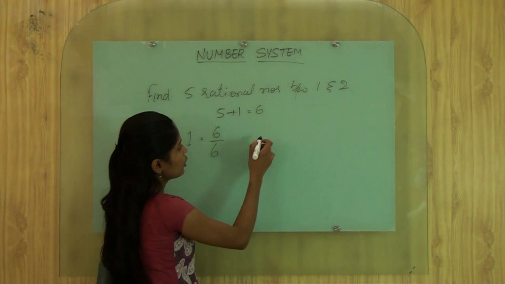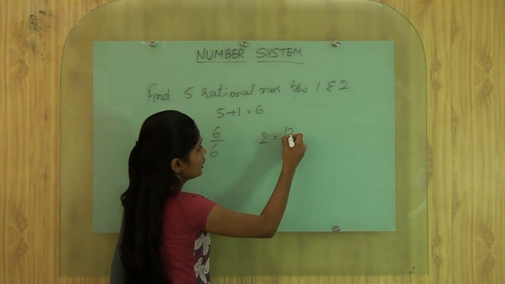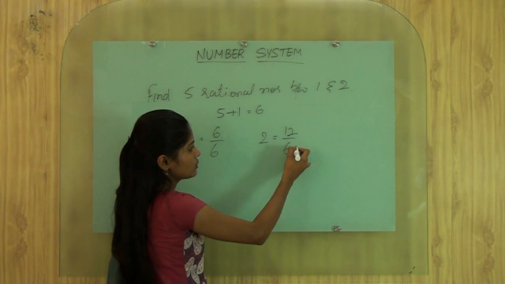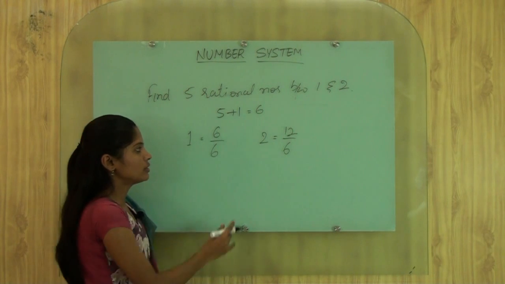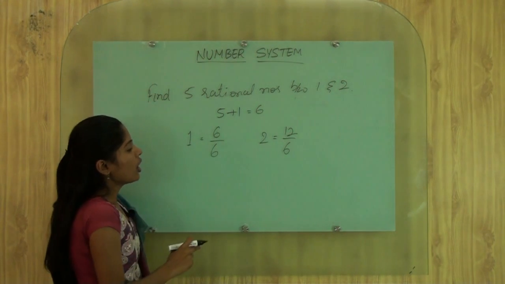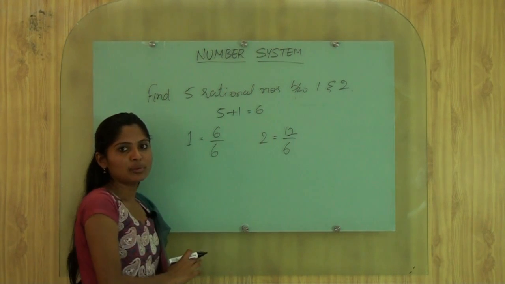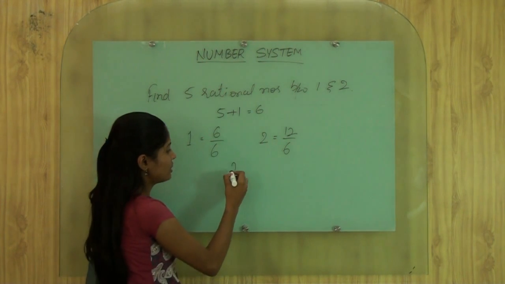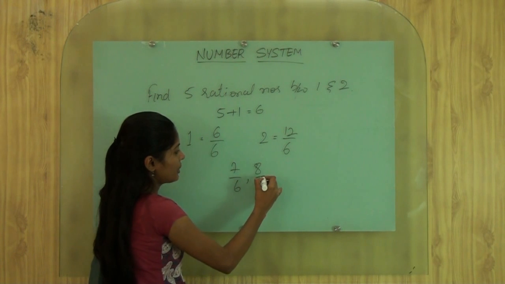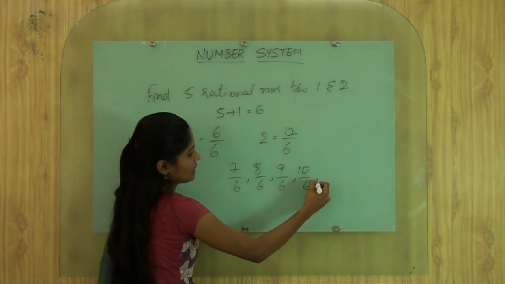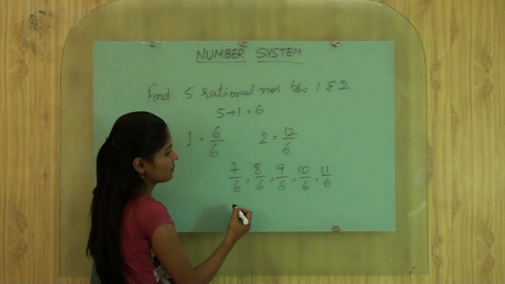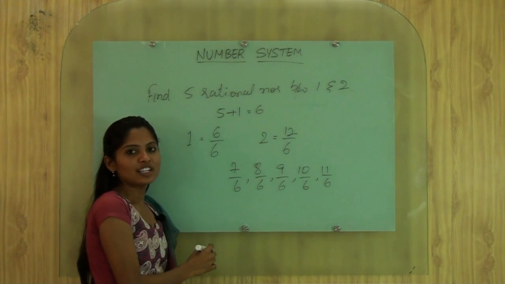If you want to get 2, then you have to write 12 by 6. 6 one time, 6 two times, 6 into 2 is 12, so you will get 2. How many numbers are there in between? 5 numbers are there. You can write them down: 7 by 6, 8 by 6, 9 by 6, 10 by 6 and 11 by 6. Here you got 5 rational numbers.